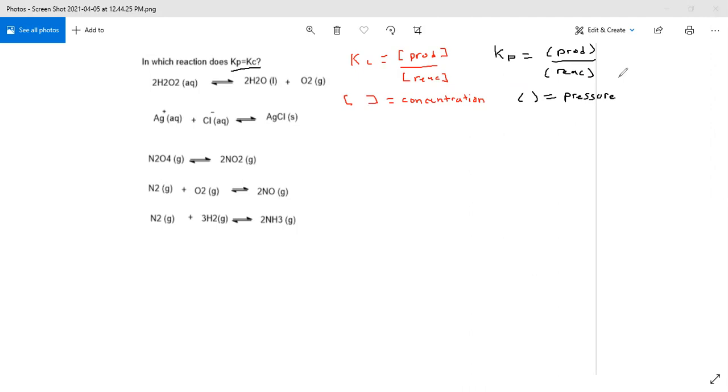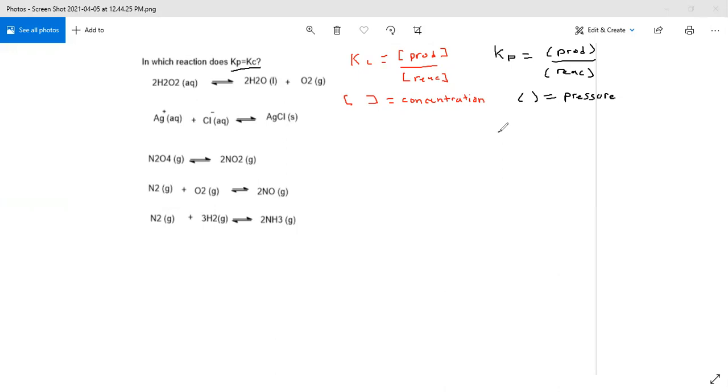So the question you want to ask yourself is, can the pressure of the product sometimes equal the concentration of the products? And can the reactants' concentrations equal the reactants' pressures? And the answer is, it depends.